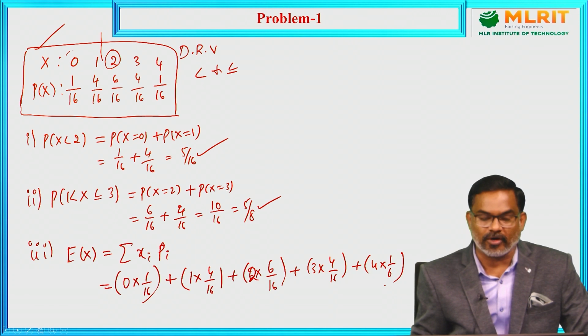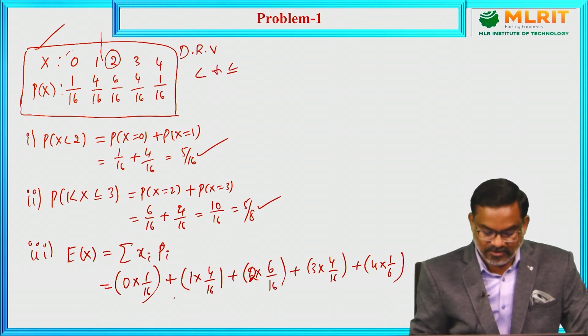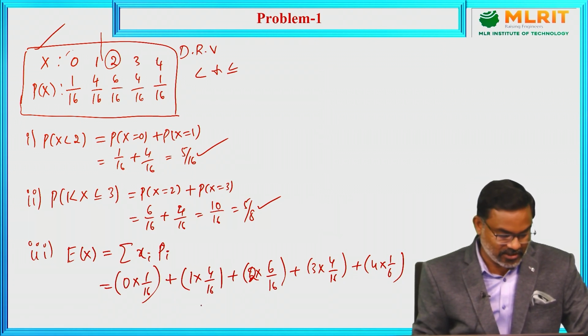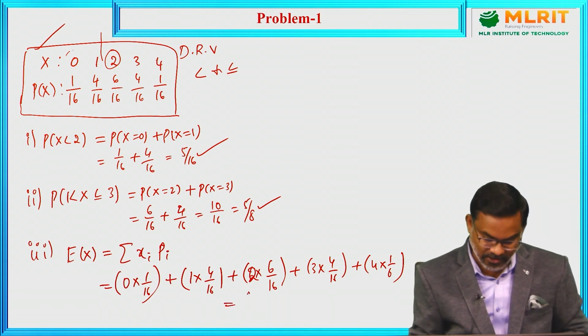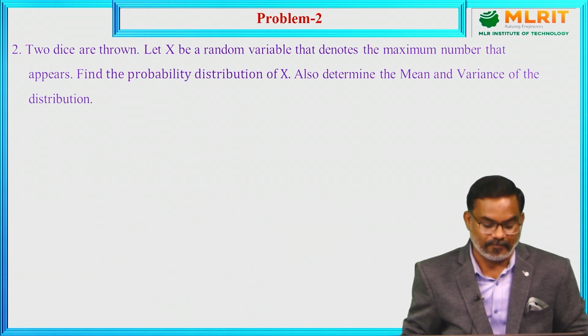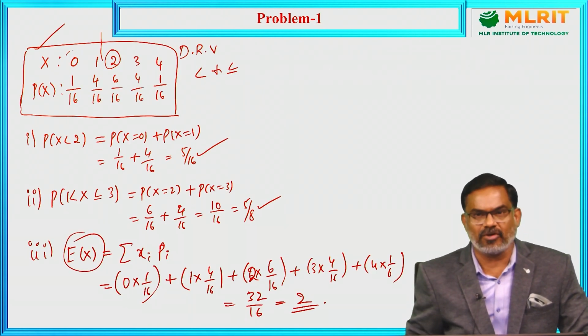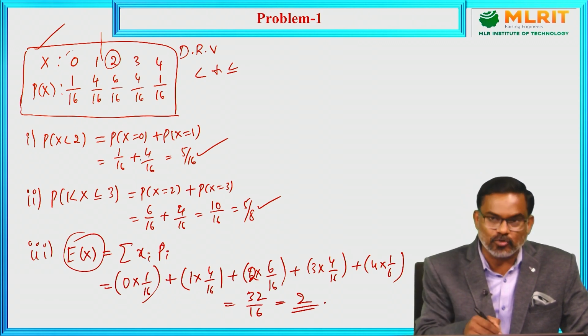Sum of the products: multiply the corresponding values and add. That gives the average or the mean or expectation of the random variable. So this results in 32 by 16 and the answer is 2. Here this is the expected value or expectation or mean, and the first two are probabilities.